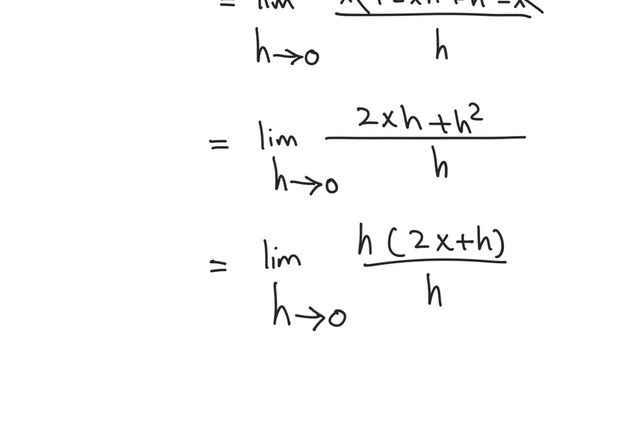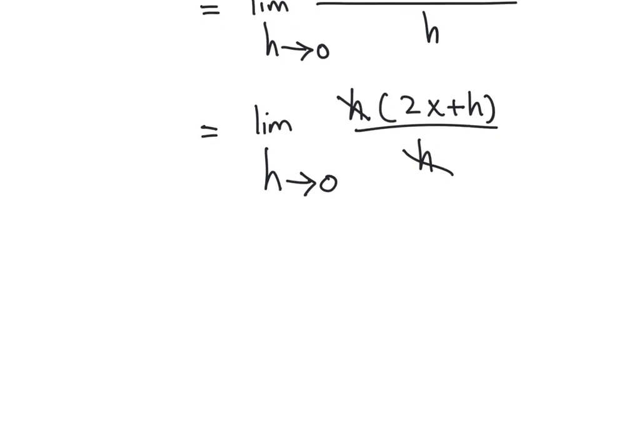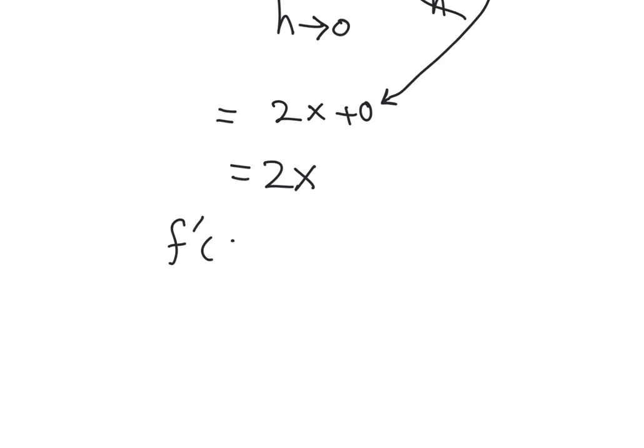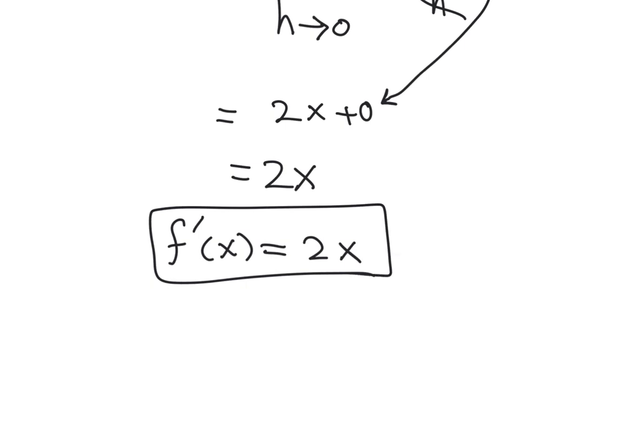We always factor h because we need to simplify the h in the denominator. Now h goes to 0, so it's 2x plus 0. So the answer is 2x. It means the derivative of f equals 2x.